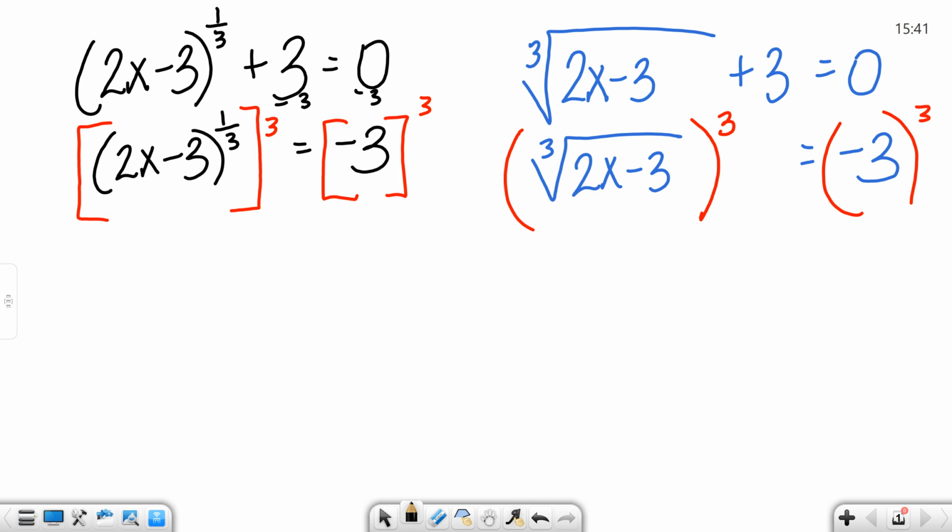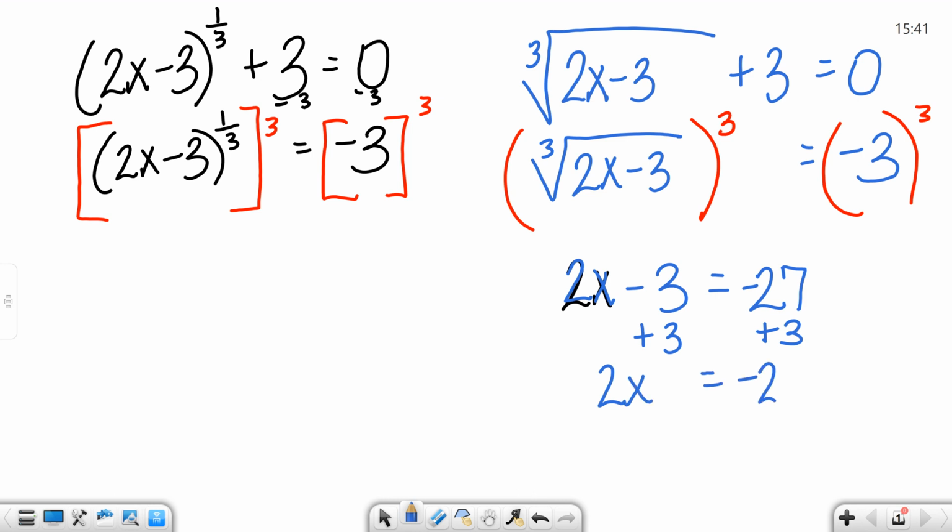Just want to show you it works no matter what my notation looks like. All right, so on the blue side over here, when I cube a cube root, I'm just left with that 2x minus 3. It's up under there. -3 cubed is -27. So let's add this 3 and divide by 2. So I get x is -12.